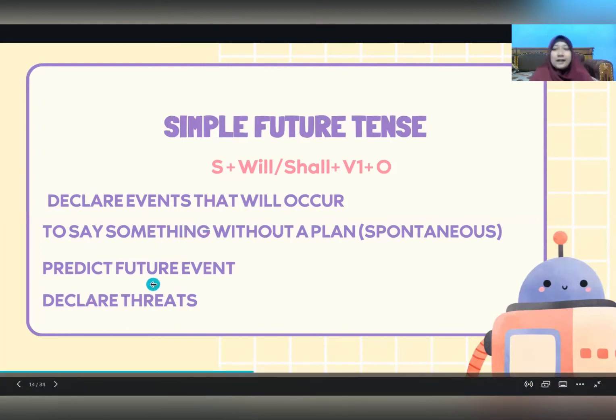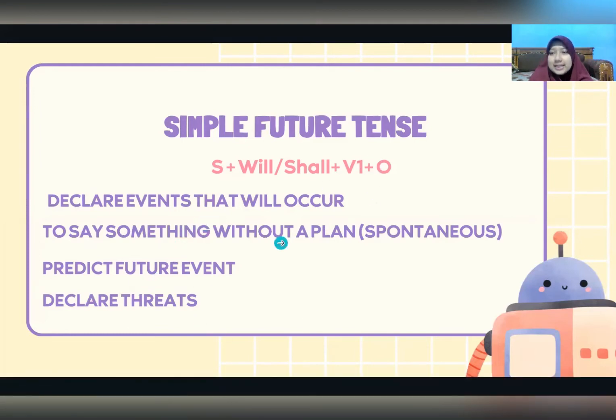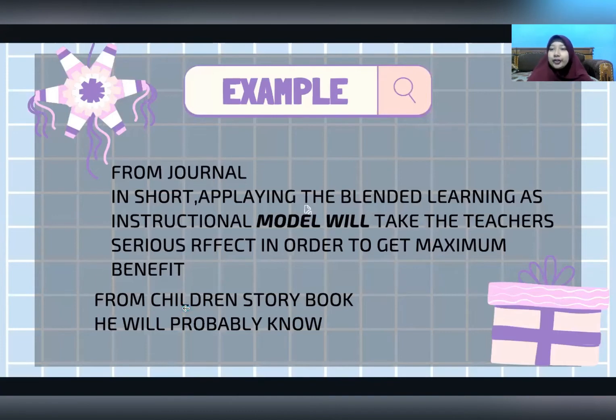The second function is to predict future events, and the last is declaratory. The analysis that I got from the journal is this sentence: in short, applying blended learning as an instructional model will take a serious effect on the teacher in order to get maximum benefit.